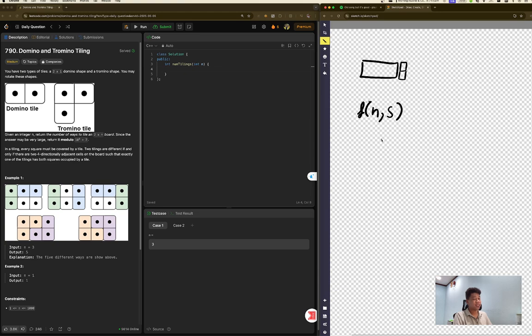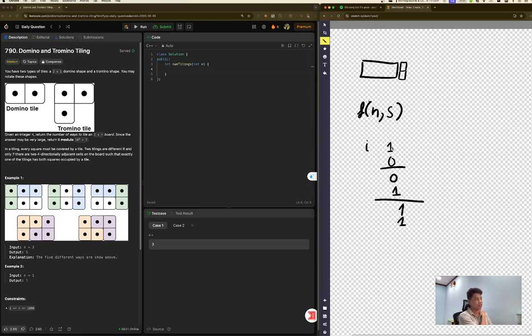At each column, we have 3 states. First is the state like this. I use 1 to represent that this cell of the last column is filled. This is the first case. The second case is this, and the last case is this.